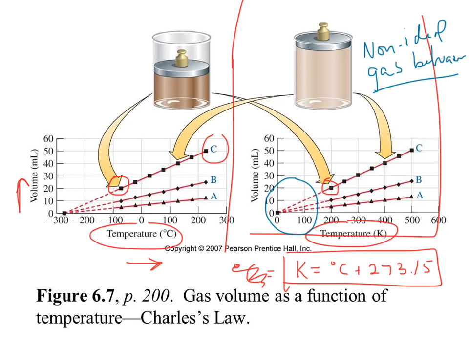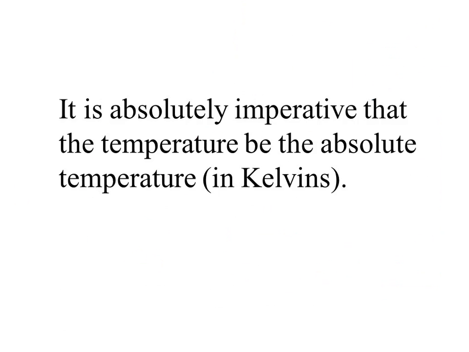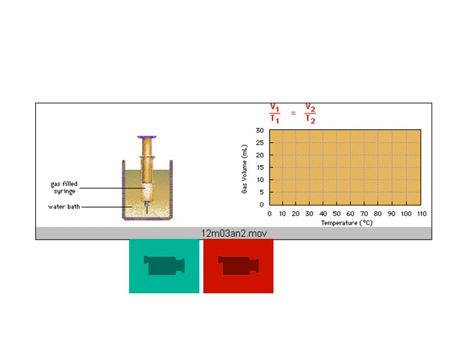If you start cooling it down, that's not going to be the case. So that's a lot about Charles' law, probably more than you needed to know. We have this cool x-y intercept that happens if we make sure that we use temperature in Kelvin units instead of Celsius.